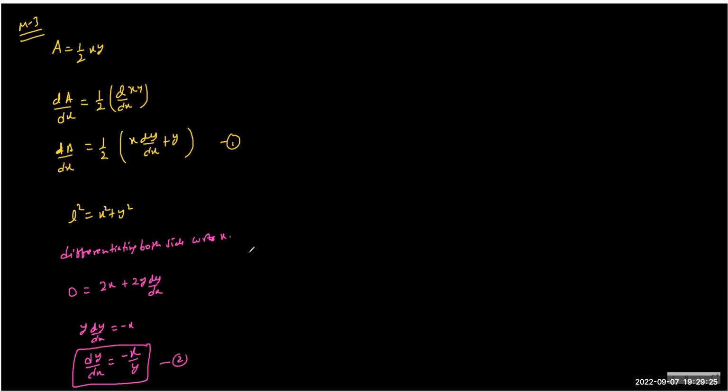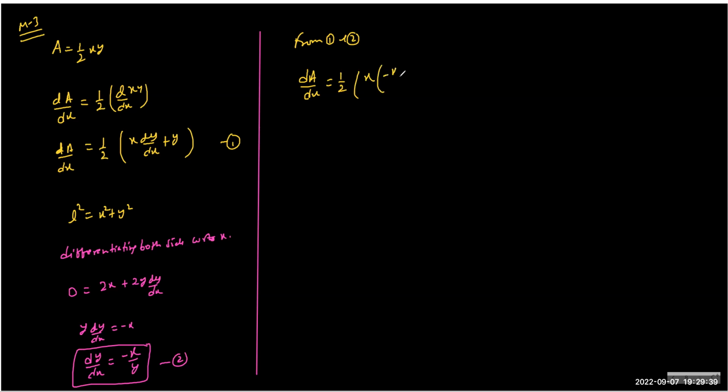I'll call this equation 2, then I'll use 1 and 2. From 1 and 2, I can write dA by dx equals to 1 by 2 into x, and dy by dx is minus x by y, plus y. And this I want to equal to 0.